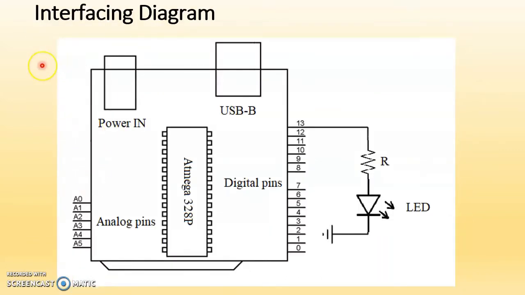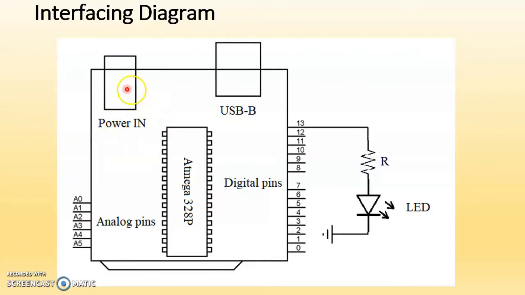So, the interfacing diagram. This is our Arduino Uno board. As we explained in the first video, the various components in this board and how it is operated. There is an Atmega 328 chip, digital pins on one side, and analog pins are also there, as the analog to digital converter is inbuilt.